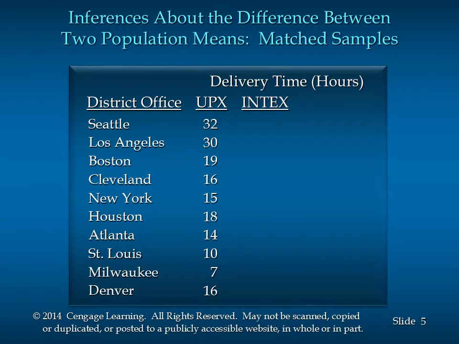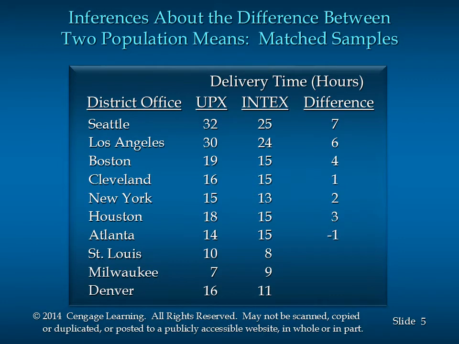Here are the differences between the delivery time for each office. Then we're going to use that difference and create our testing via a couple of additional formulas that are going to be made available to you here. 10 offices from Chicago.